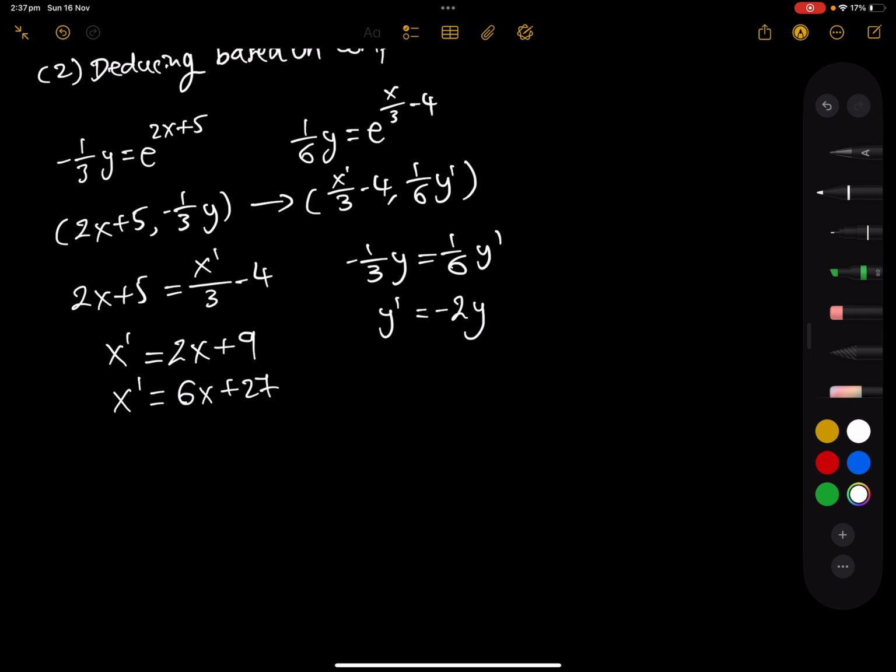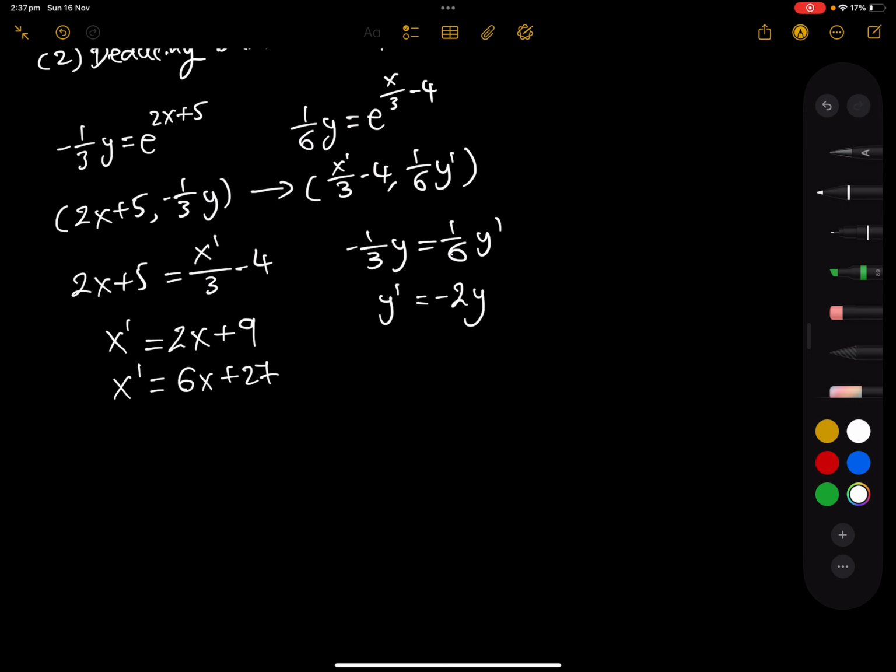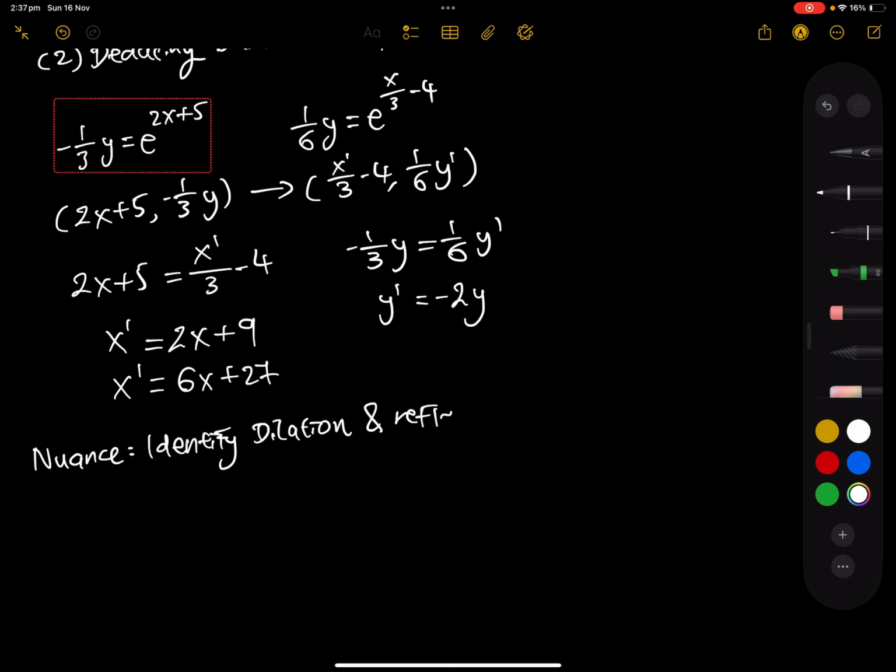So now we can start listing out our transformations. The first thing I want you to identify is the dilations, which is very important because order matters. Identify dilation, then reflection, because it's fine if you mix up the order for your dilation and reflection, but it is really important that you do not mix up the order between dilation and reflection and translation.